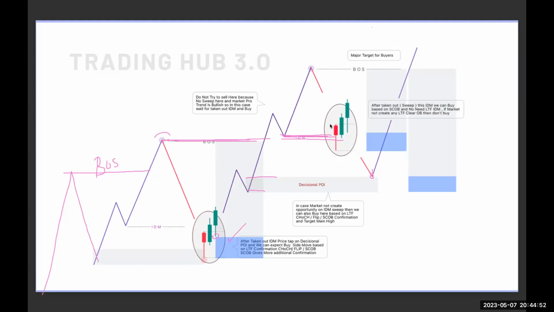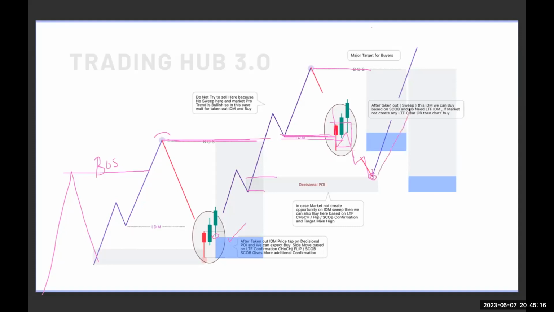Taken out the inducement and you can buy here, sell here based on single candle order block, simply here and target here. If the market does not create any single candle order block here, and just gives a reaction and pushes downside, maybe sharply, and mitigates your order block here, then you can buy here based on chalk and flip entry model.